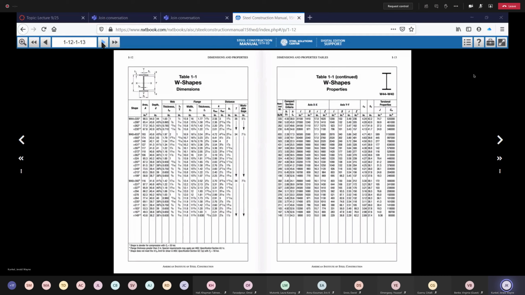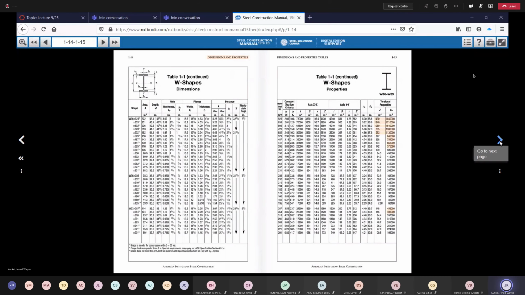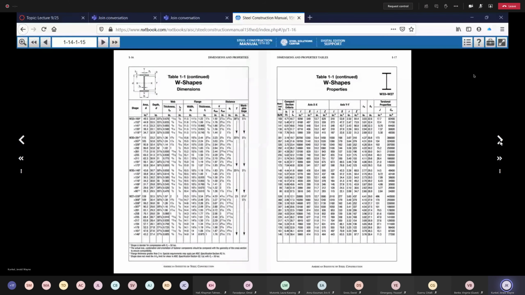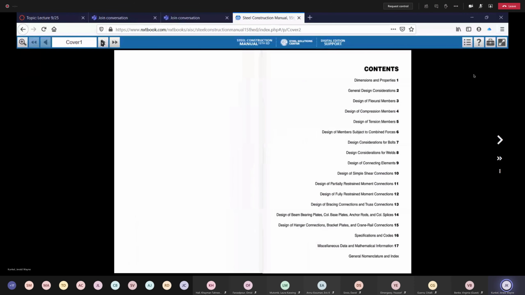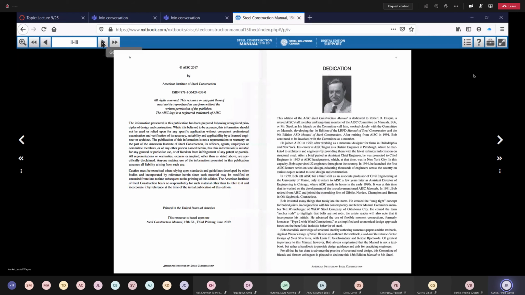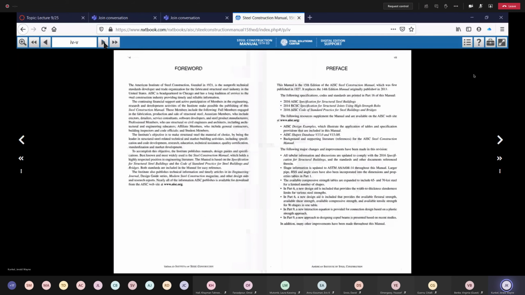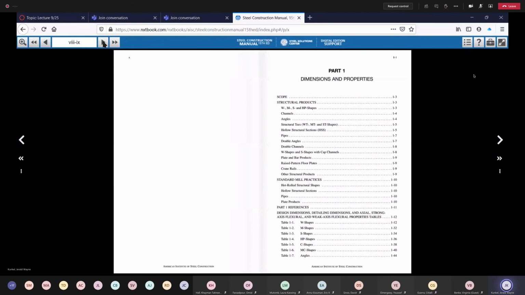However, if we go to the beginning, we'll go to that table in the manual where we can get the F sub y and the F sub u. That's an important point. So we need to make sure that we find the proper grade of steel.